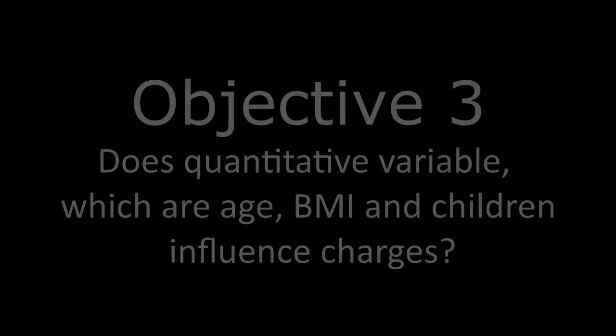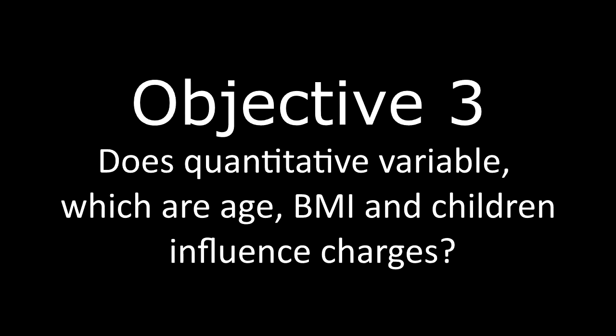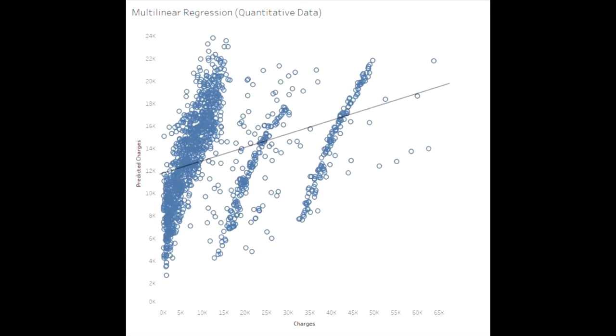Third objective. Do the quantitative variables, which are age, BMI, and children, influence charges? We use a multilinear regression model to create this straight line.